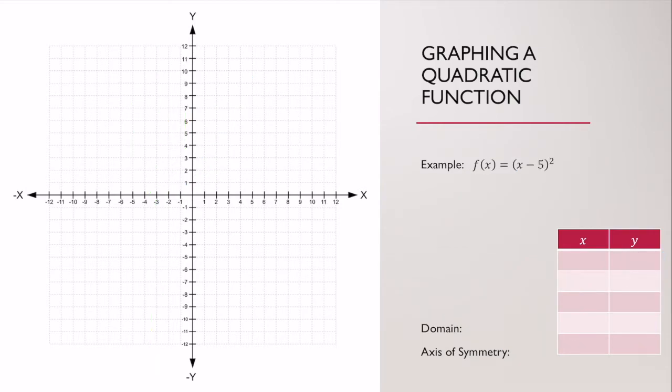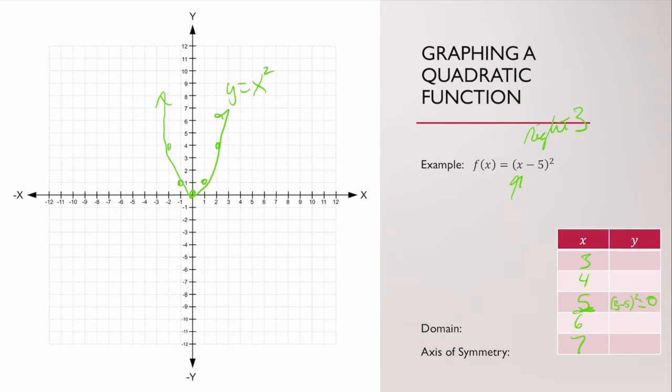So if I have f of x is (x minus 5) squared, this is going to be shifted to the right 5. So let's draw our original quadratic squaring function, y equals x squared. Because I'm going to be shifting to the right 5, I'm going to look at the values when x is 5, 4, 3, 6, 7. So when x is 5, if I substitute 5 in, I get 5 minus 5 squared, which is 0.